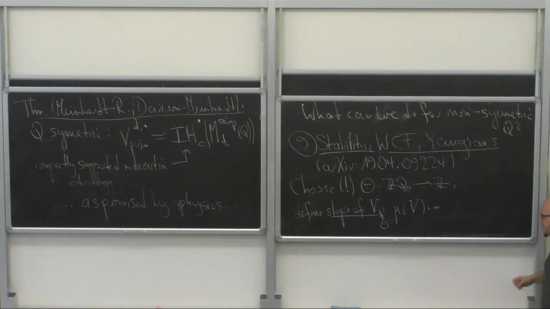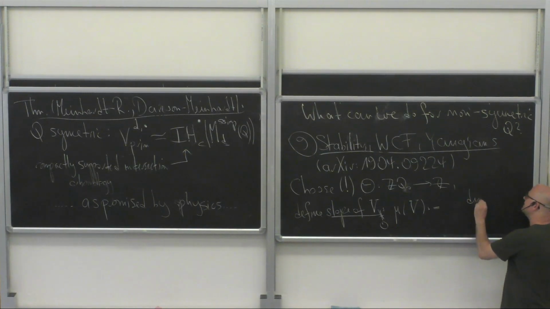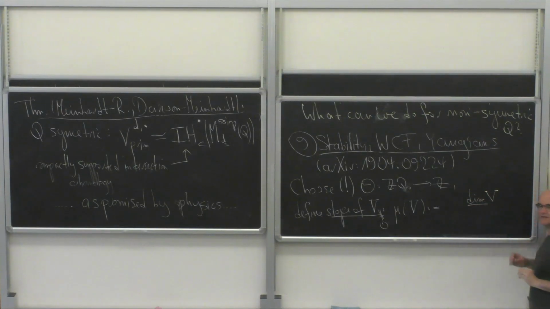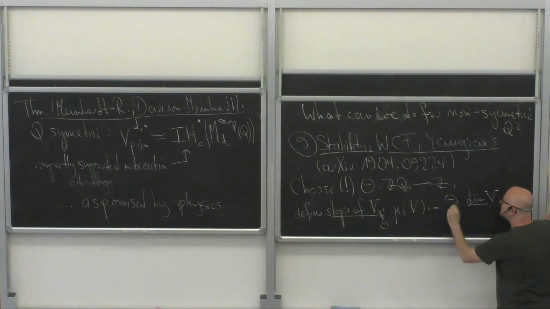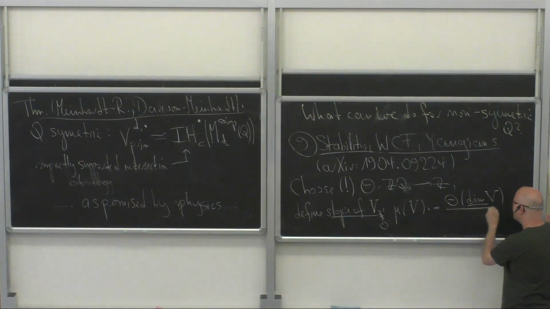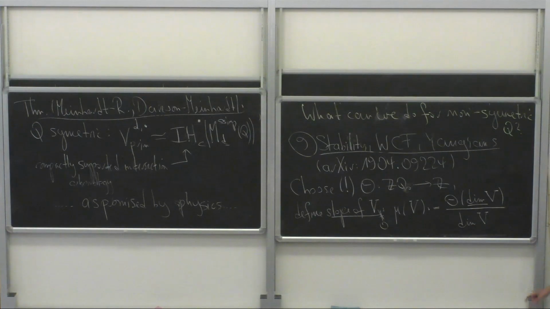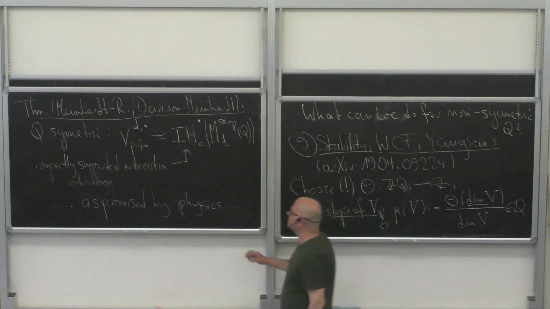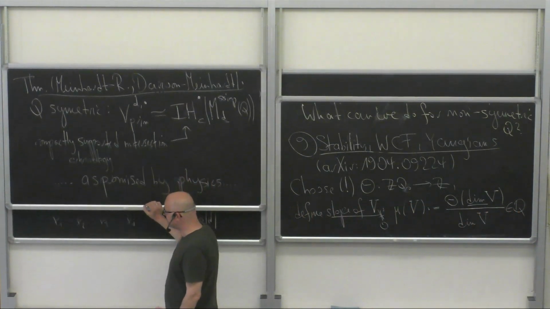And I define the slope of it as follows: I take the dimension vector of this V, the collection of all the dimensions of the vector spaces, and I apply this linear function to it, and I divide by the total dimension. This is dimension not underlined, just the total dimension, summing up the dimensions of all the vector spaces. This is some rational number, and it is well defined because I assume the representation V to be non-zero. Using this, I will define slope stability.